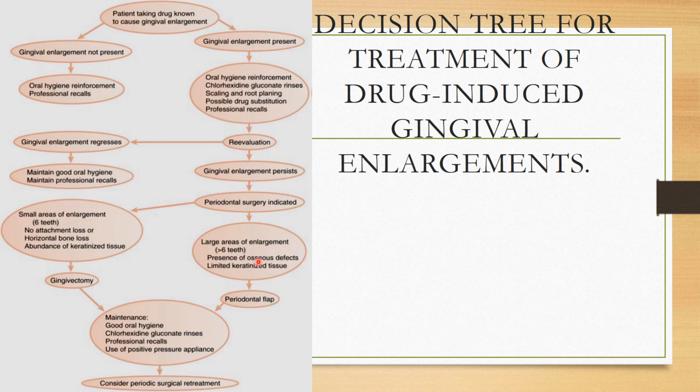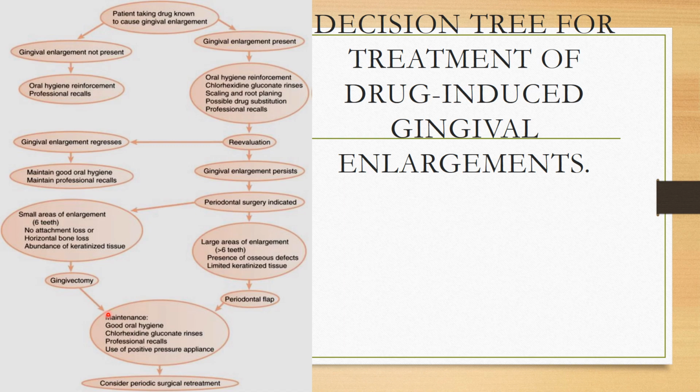If osseous correction is needed, you have to go for periodontal flap surgery. And if there are just small areas of enlargement with no attachment loss, no true pocket, just horizontal bone loss, and an abundance of keratinized tissue, and it is not in the anterior area, you can obviously go for the gingivectomy procedure.